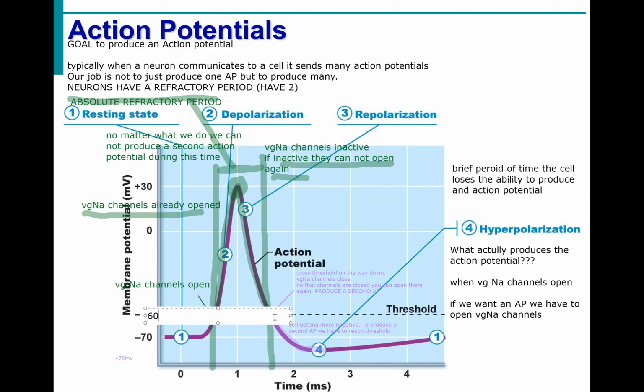All right, there you go. Threshold is negative 60 millivolts. So remember here at the very beginning, we needed a plus 10 millivolt change to reach threshold.